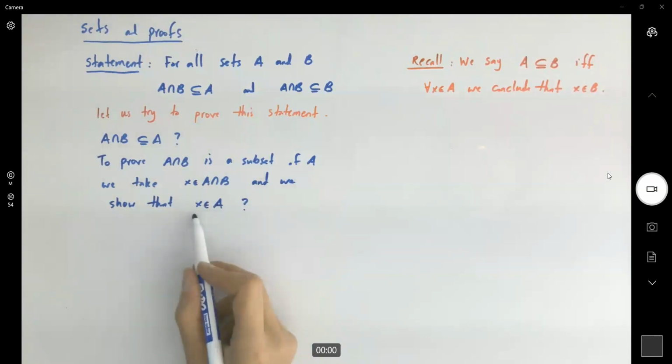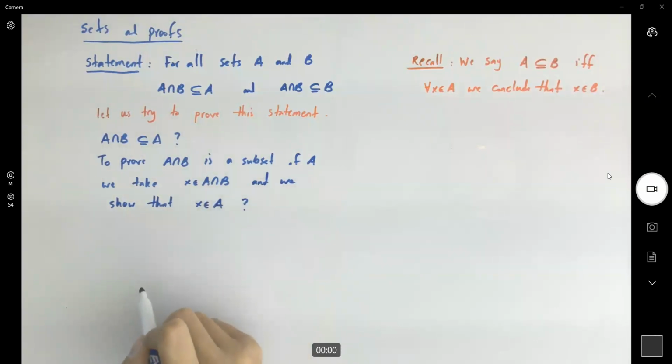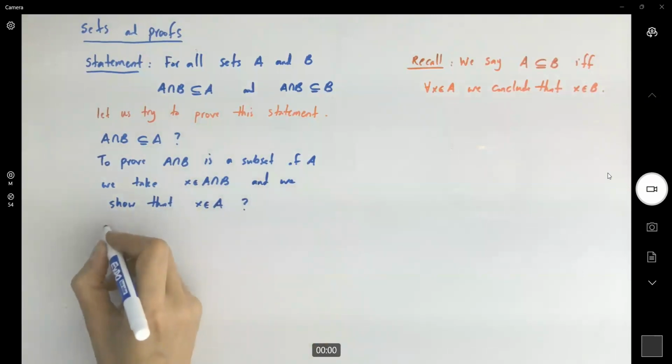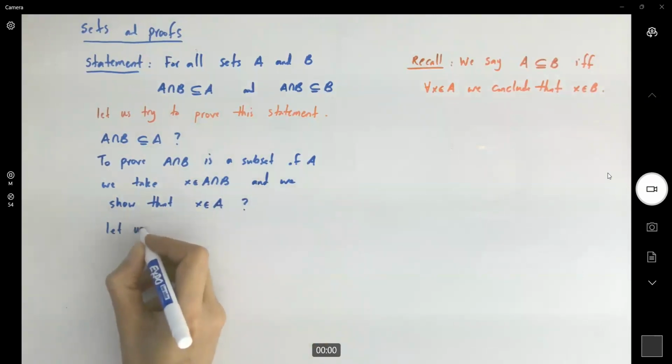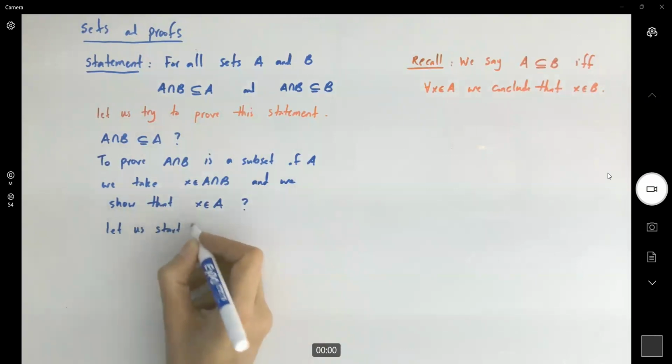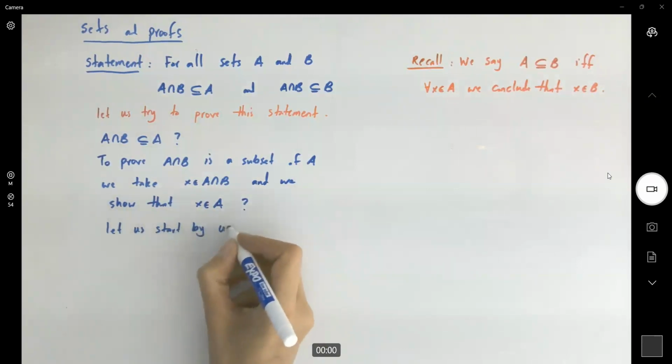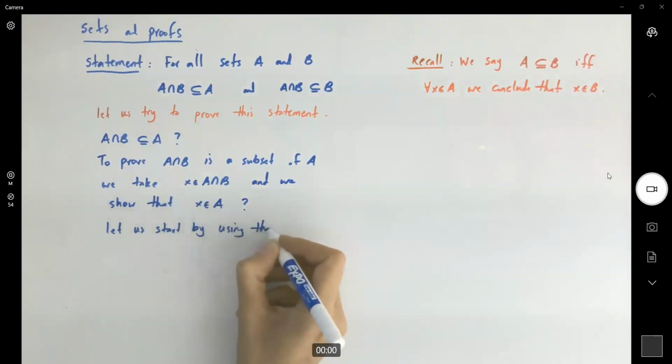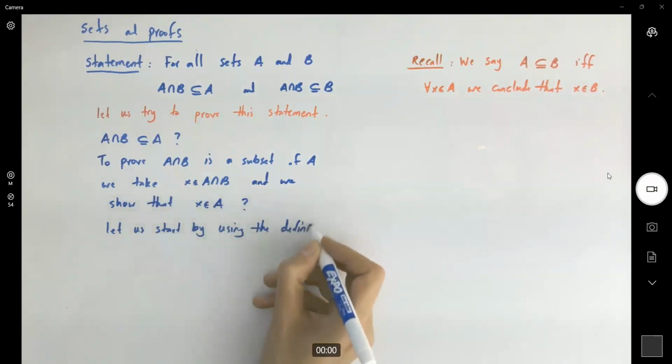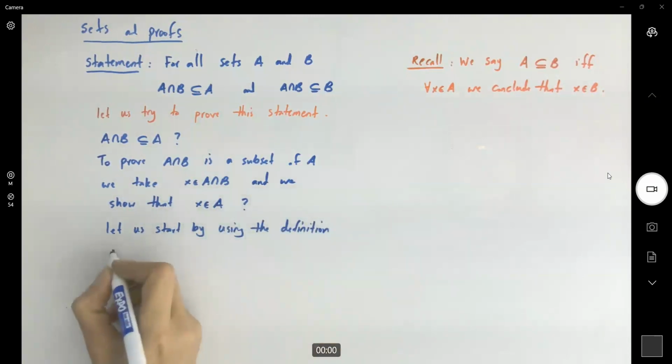We're trying to show X belongs to A. Let us start by using the definition of intersection.